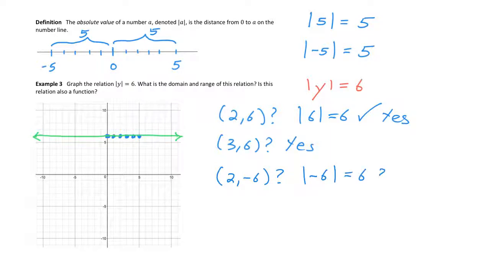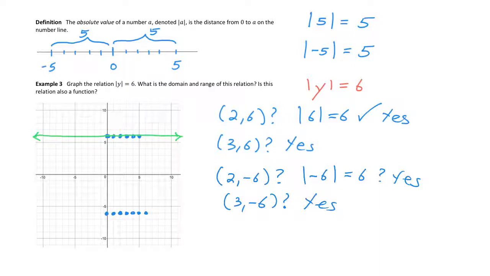Is the absolute value of -6, 6? Yes, it is. So this means you also have 2, -6. Well, what about 3, -6? Yeah, that works too. So does 4, -6, and 5, -6, and 6, -6, and 1, -6, and so on.